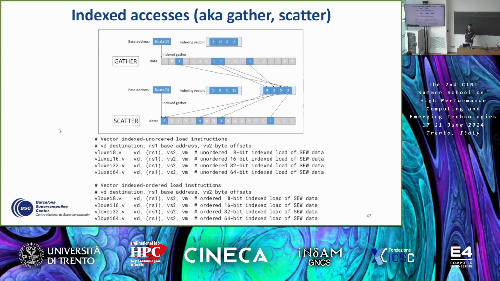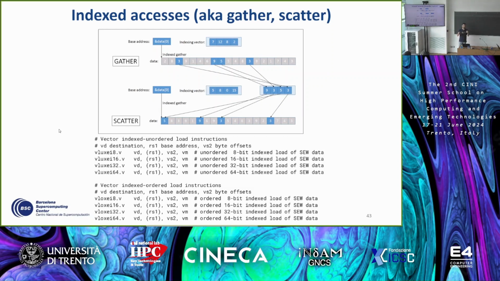Then we have the indexed accesses, which are, say, gather and scatter. I don't know if you are familiar with them. It's important to understand it for something that I'm going to tell you later. You can provide the memory unit with a vector of indexes and a base address, and you can load the data corresponding to the indexes you are passing.